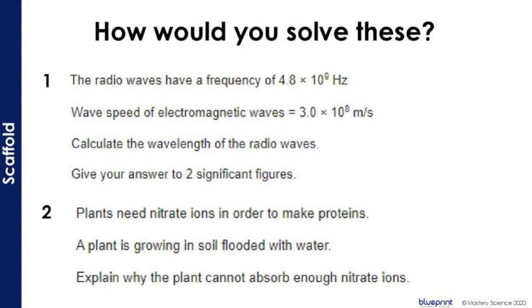So there's a couple of GCSE questions here. I'm just going to give you a bit of time just to have a read through them and think about how you would solve them. So what thinking process would you go through to solve each one, and consider what the difference is in that process between the two questions.